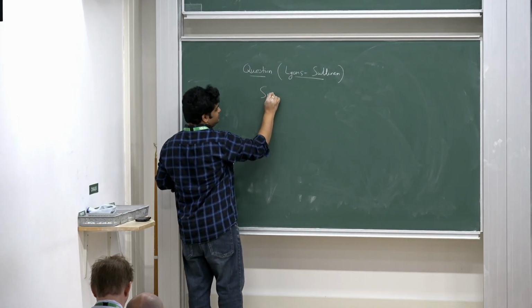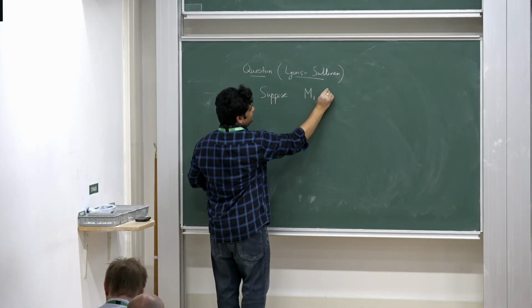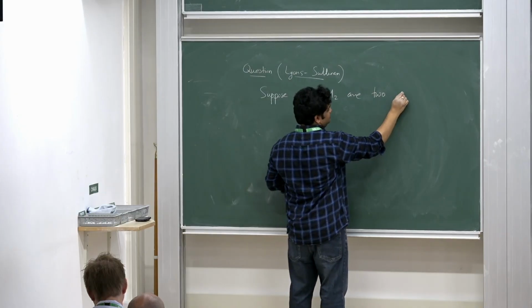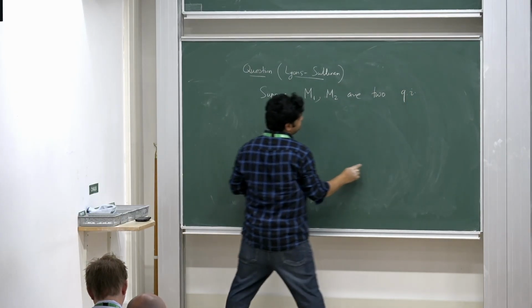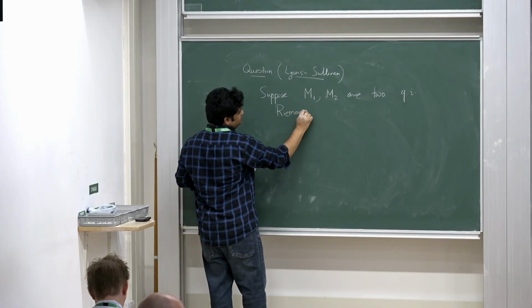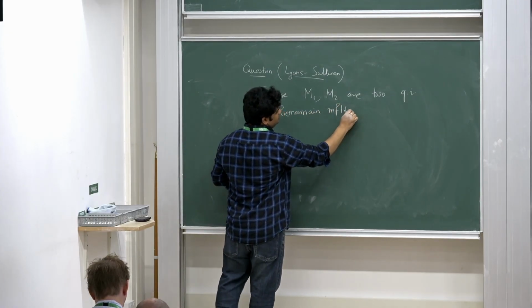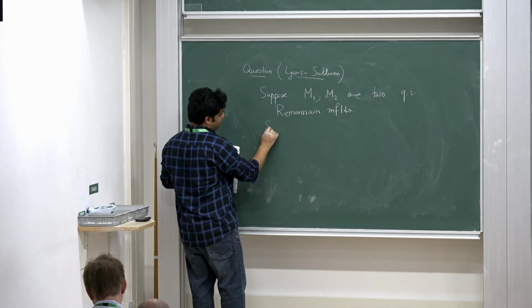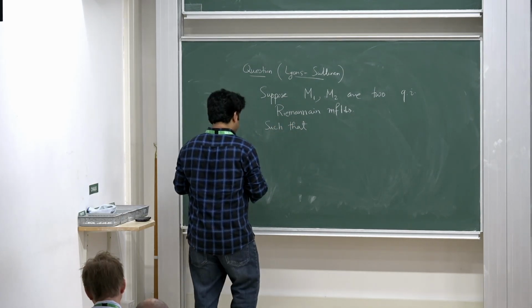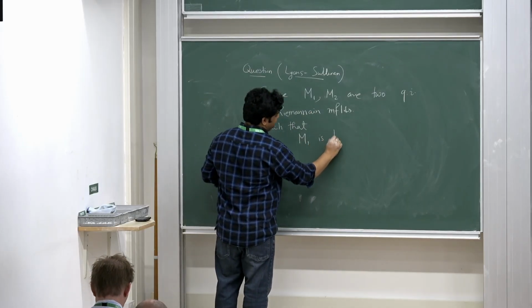Suppose M1 and M2 are two quasi-isometric Riemannian manifolds such that M1 is Liouville.